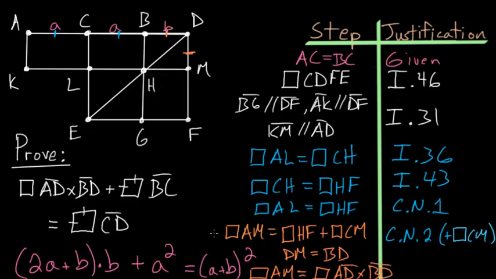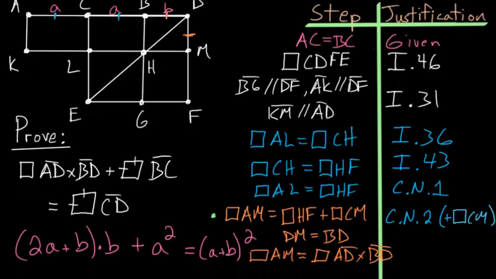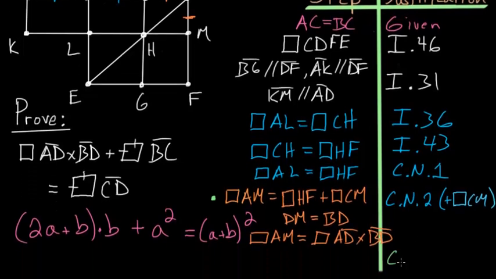And to this equation here, let's add this square here, this LG, to each side of this equation. We can do that because of common notion number 2. We're just adding the square LG to each side of this equation.